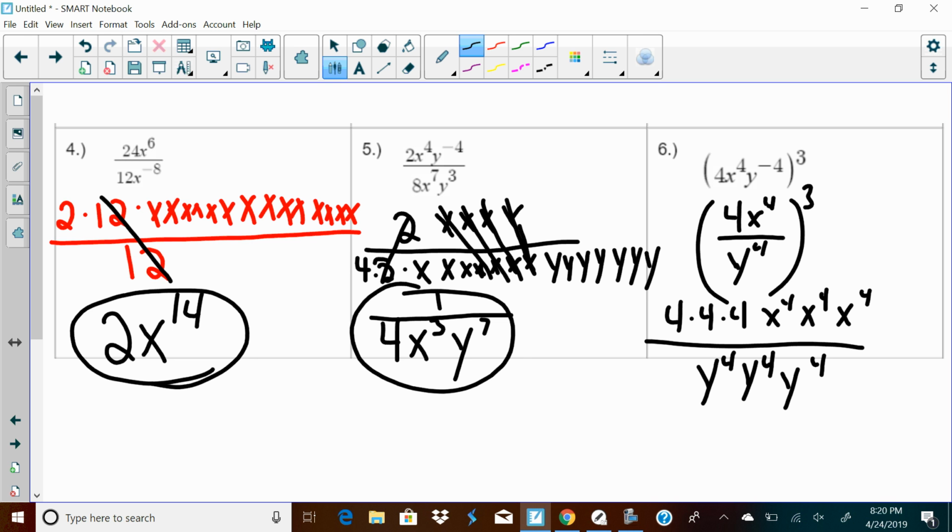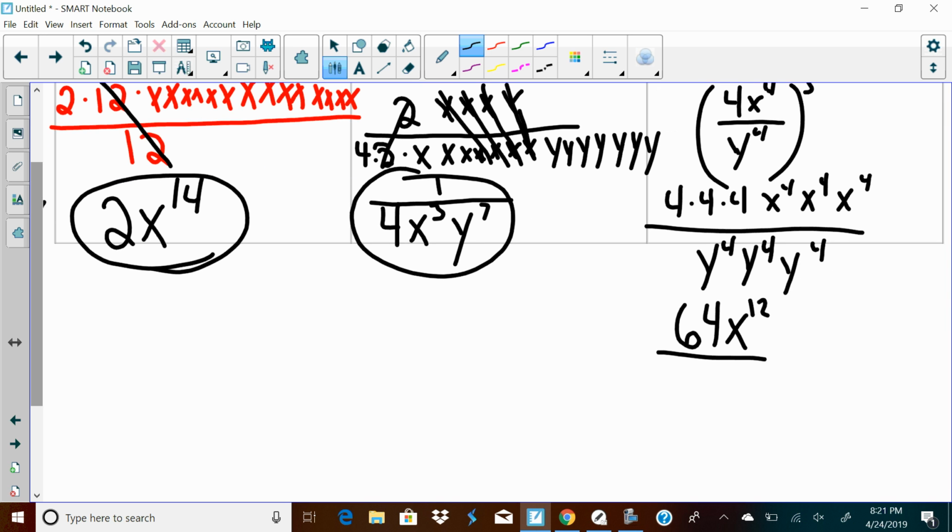So then 4 times 4 times 4 is 64. X to the 12th, because I add them together, over y to the 12th.